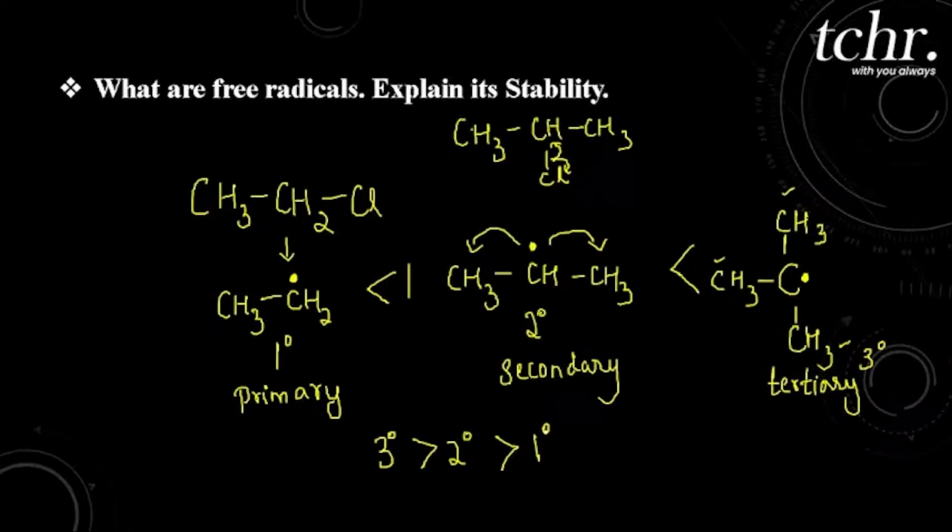Whereas reactivity is the opposite. Primary is more reactive than secondary, and secondary is more reactive than tertiary. This is about the reactivity of free radicals. Reactivity is always the opposite of stability.